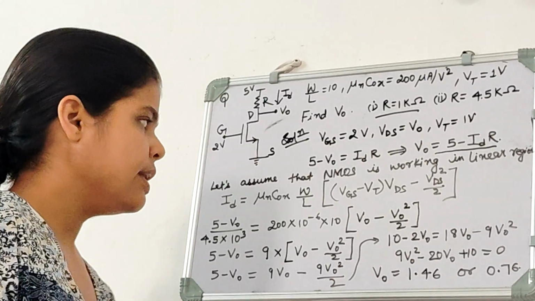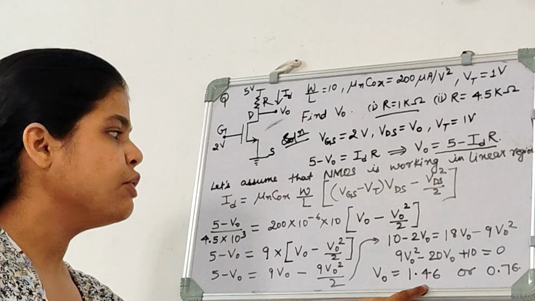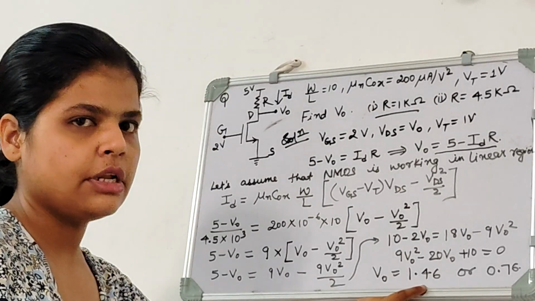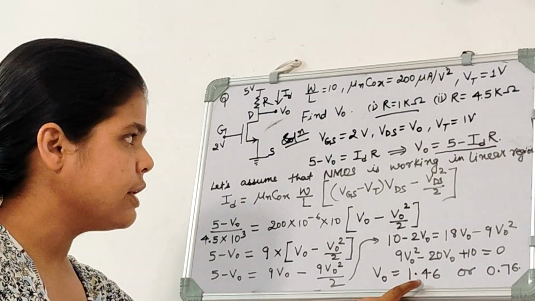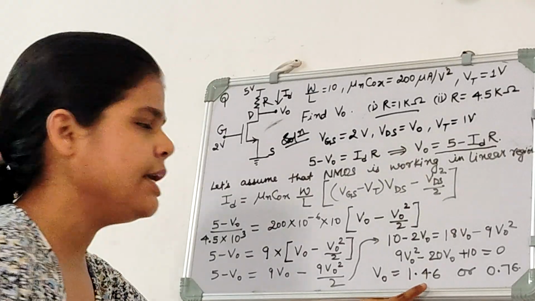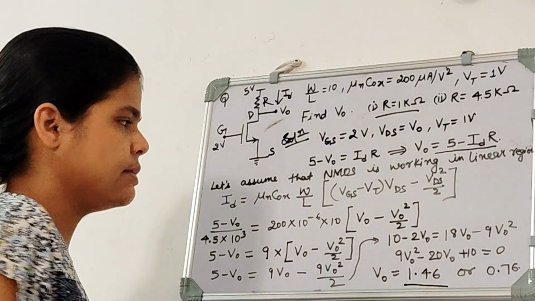So we will verify whether these values are valid for saturation region or for linear region, and if any of them says that our MOS is working in saturation region, that will be incorrect. So first we will take 1.46.